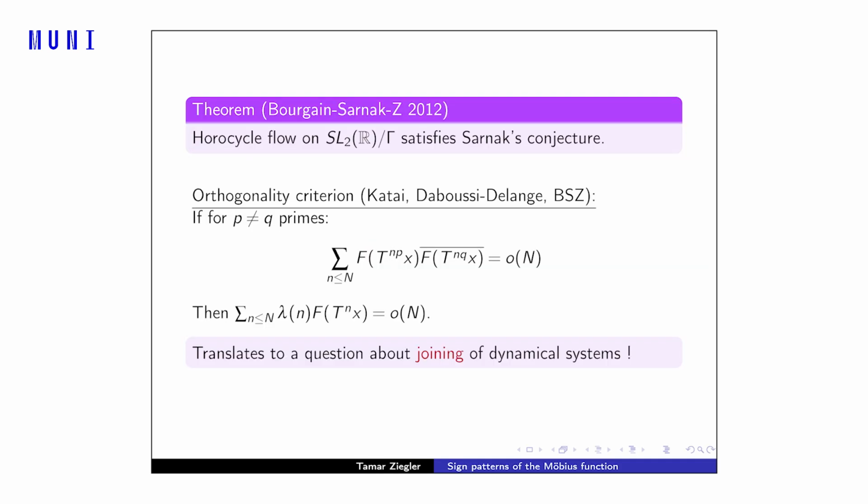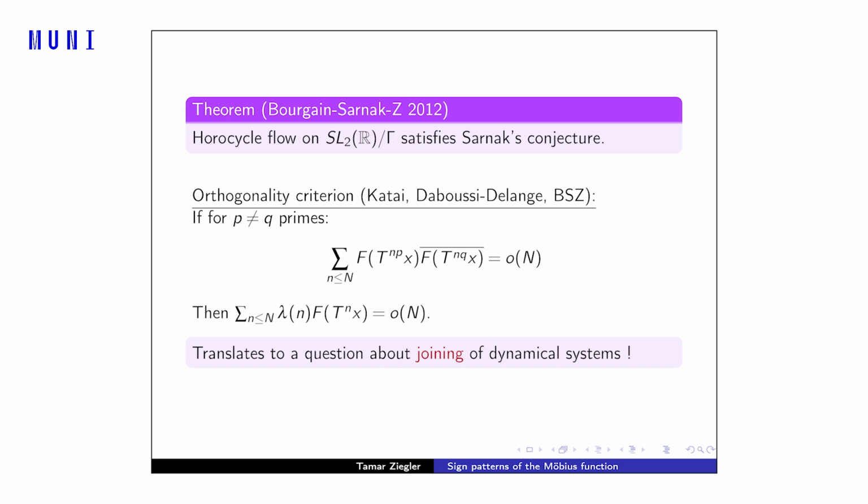But the observation is that if you have some sequence and you want to show that lambda is orthogonal to it, then what you really need to do is take any pair of different primes P and Q and check the autocorrelation of the sequence with itself.